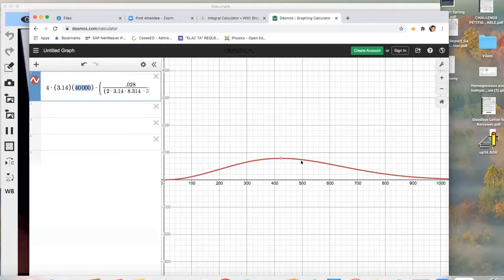But the average velocity is somewhere here. What is it? 476? 476. This is the average velocity right here. I wish I could freeze that. So that would be the average velocity, and then that would be the V most probable.